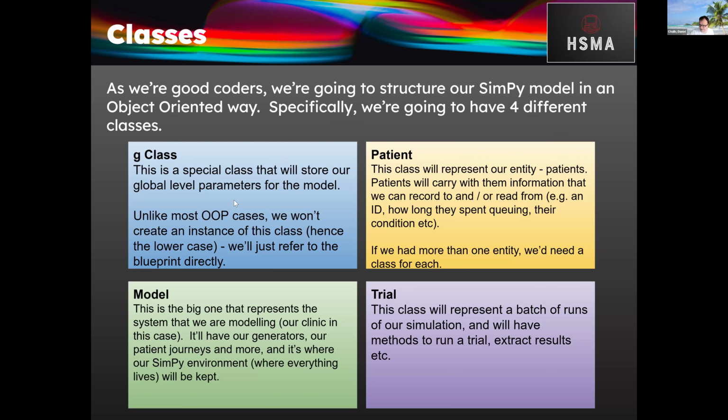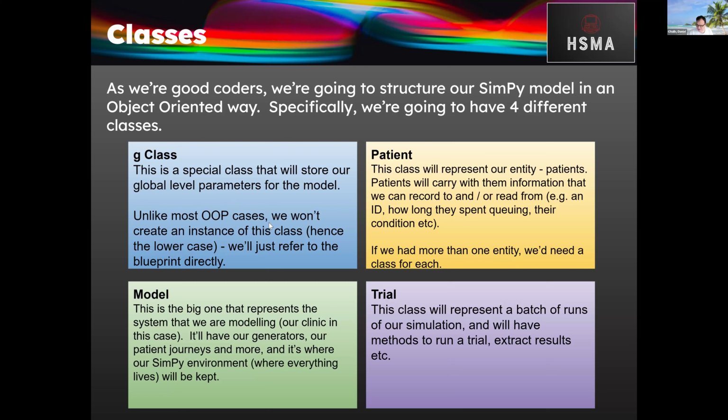We're going to start with a class called G, lowercase g. This is a special kind of class that will store our global level parameter values, and you'll see some examples of what they might look like. The kind of parameter values you want to feed into the model are going to live in this special G class. After the object-oriented programming last week, this may seem a little odd.